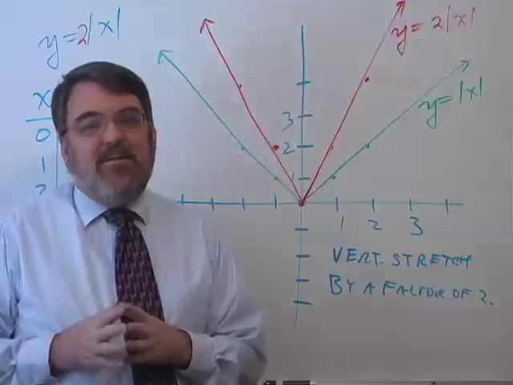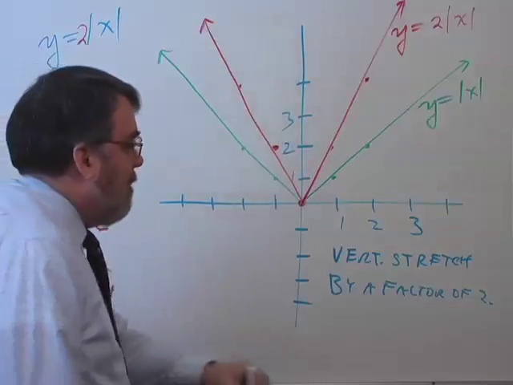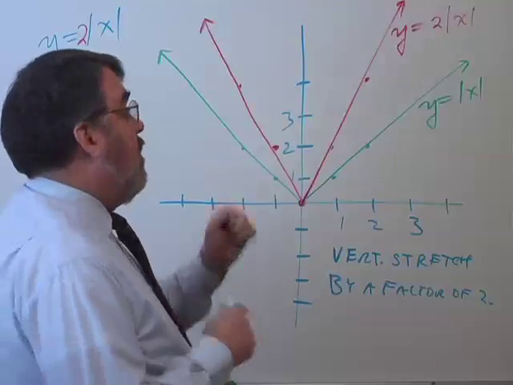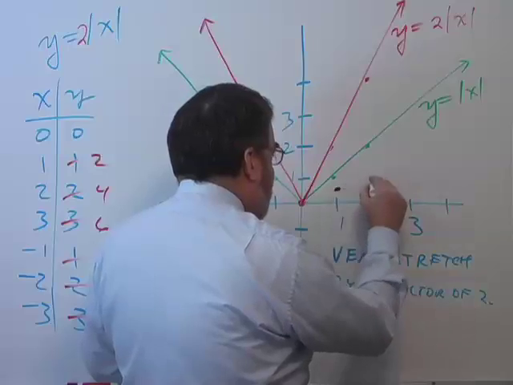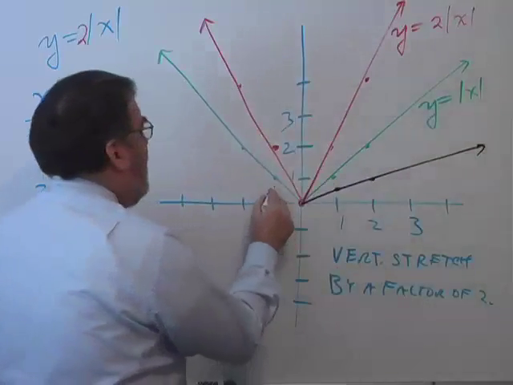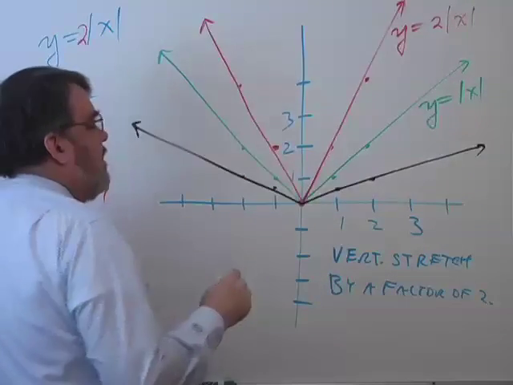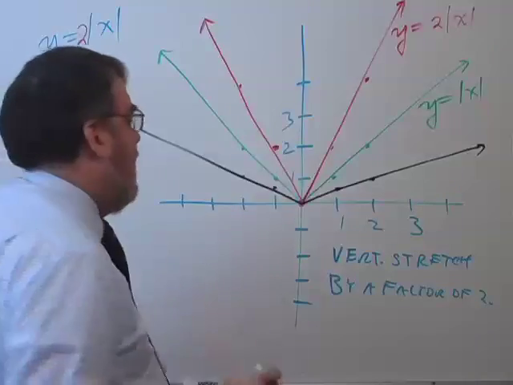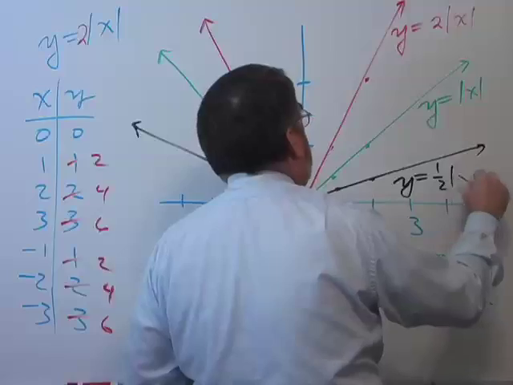But now here's where the language gets kind of awkward. And so let me draw that up here. Here is y equals 1/2 absolute value of x. If I did that, it's going to shrink the y values by a factor of 1/2. In other words, create a flatter graph.